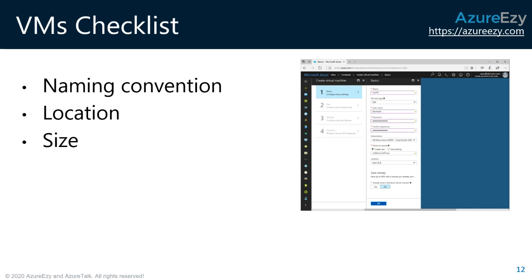Size, of course. When you are deploying your virtual machine, you must have a clear understanding of what exactly the resource need of this service is. When you are deploying a web application on this VM, you must have some idea that this particular web application will be used by this number of users, and that this number of users converts back to this much CPU and this much RAM.